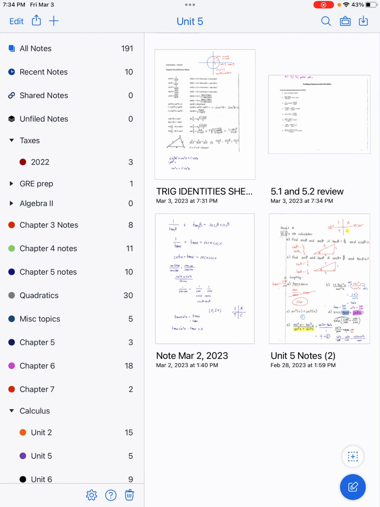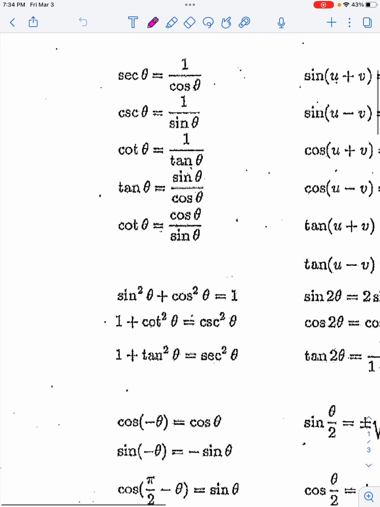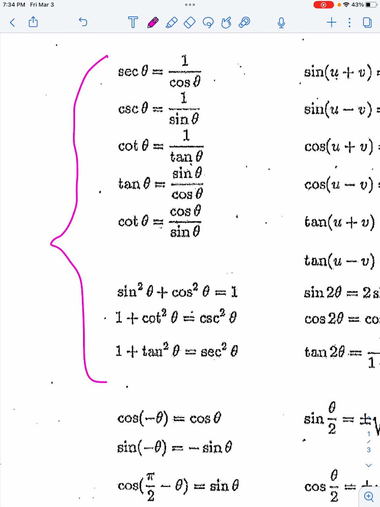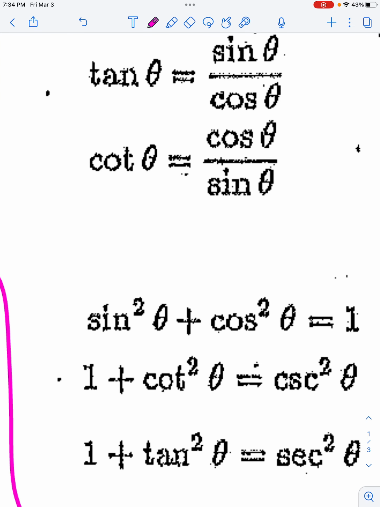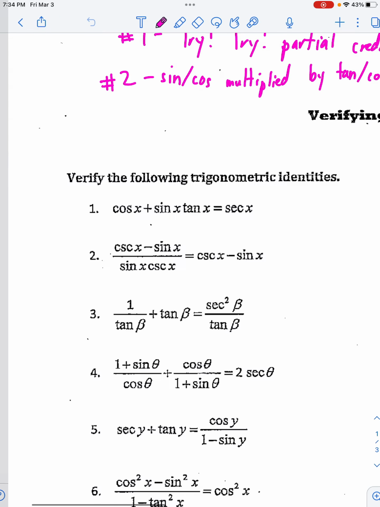Remember, if you look on your formula sheet here, tangent and cotangent can be changed into fractions. These are the 8 big hitters for 5-1 and 5-2. Tan and cotangent can be changed into a fraction with those identities.